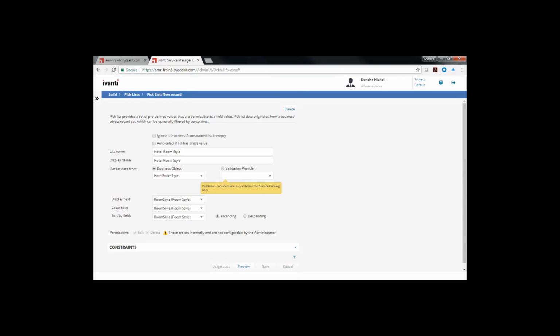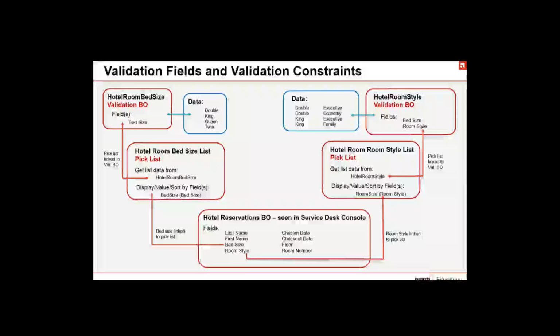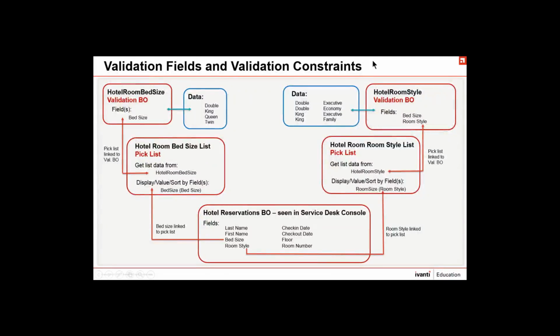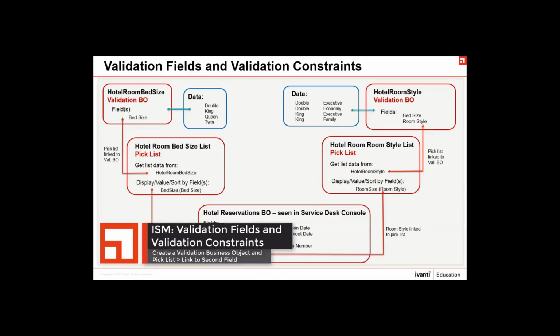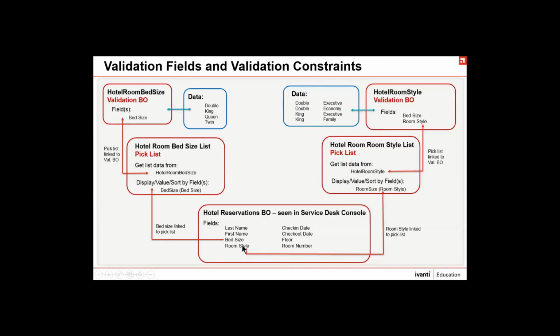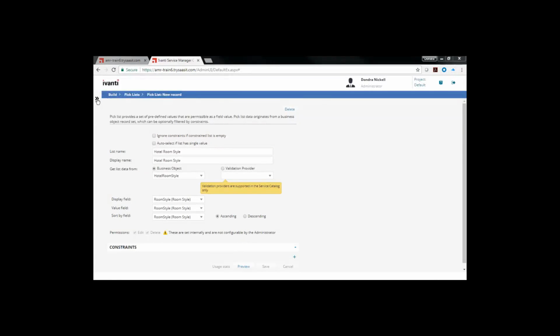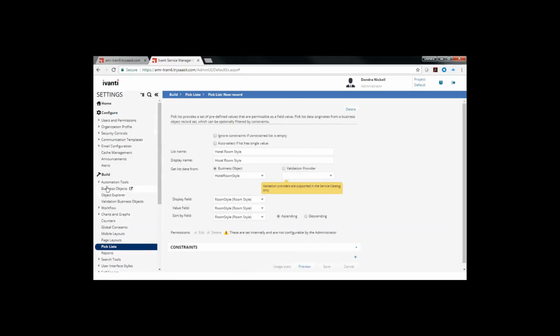Okay, so let's take a look at what we have now. Right now I just created this pick list. It's going to get its data from the validation business object that I just created. Now I'm going to link this pick list to the room style in my main business object. So I'm going to come to business objects.